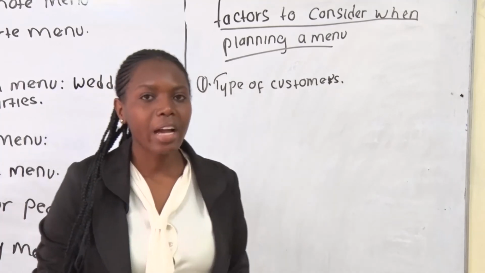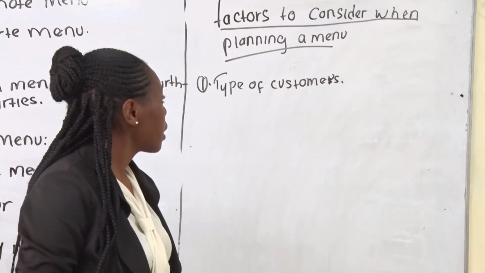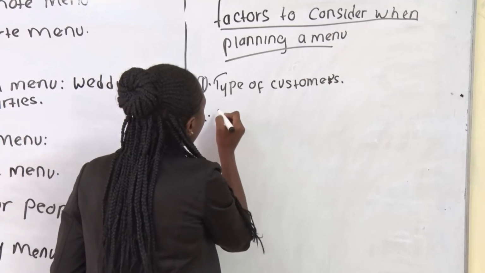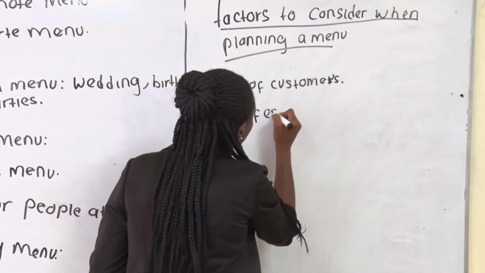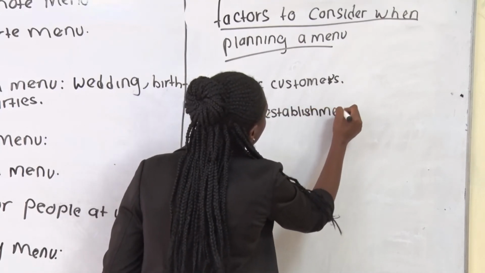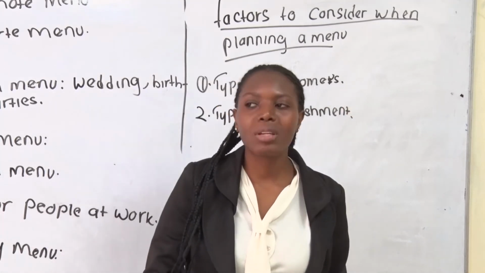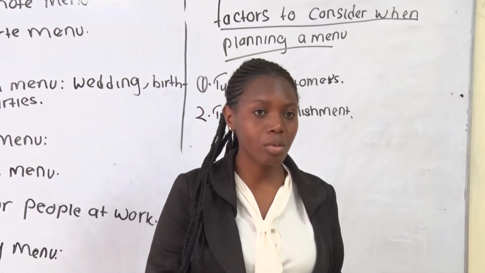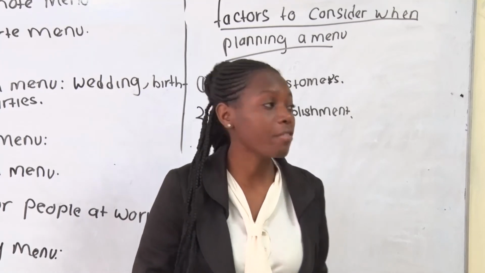Different customers have different likes and dislikes, so you must consider your customer. The other one is the type of establishment. For example, a menu that is found in a restaurant is not the same menu that you will find in schools or institutions. They will differ.